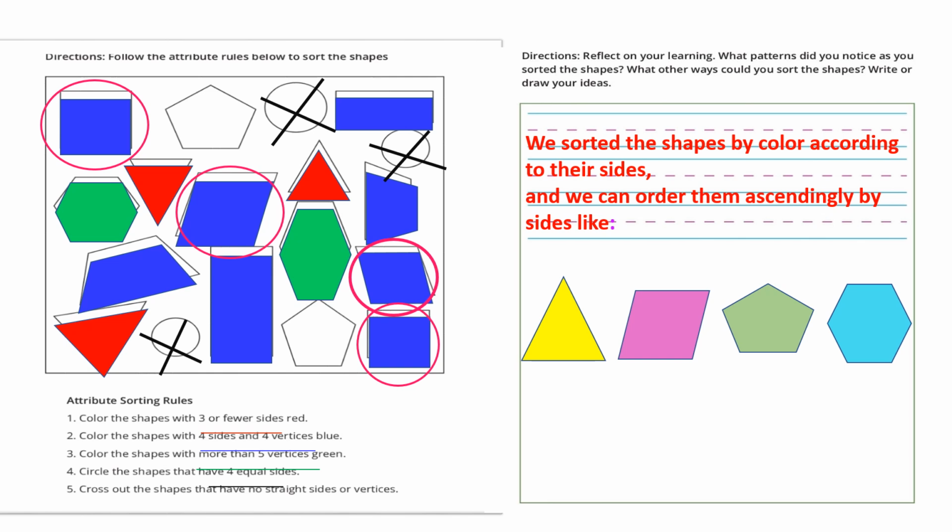We can say that we sorted the shapes by color according to their sides, and we can order them ascendingly by sides like this. We will draw a triangle, rhombus, pentagon, hexagon. They are arranged in ascending order from the smallest number of sides to the biggest.